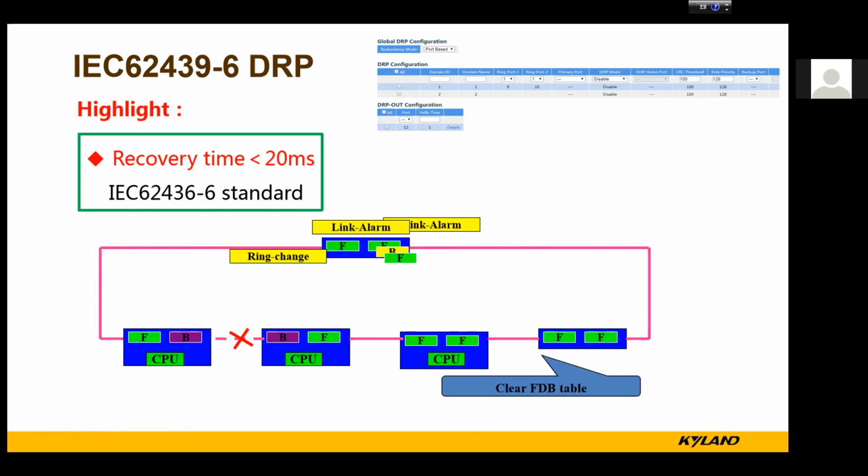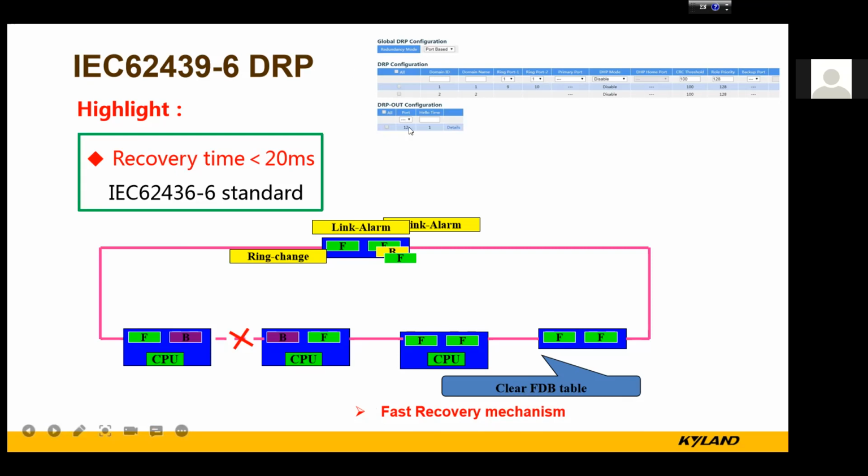Then the whole network will clean the MAC address table and relearn the MAC address. With this mechanism, it can achieve a fast recovery, which is less than 20 milliseconds.